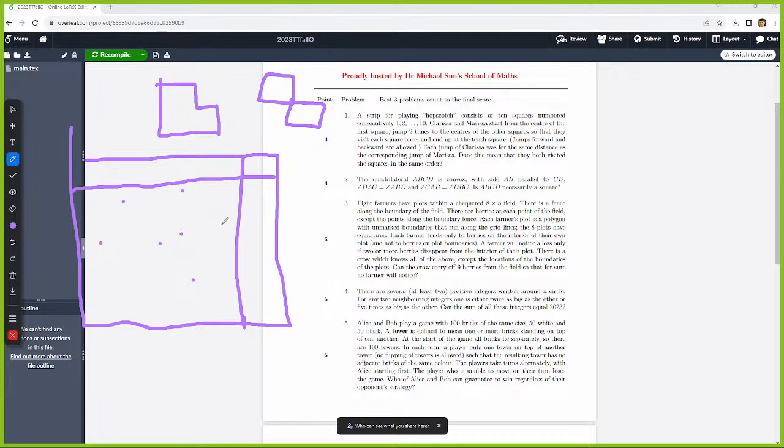One key thing in the problem: let me draw the boundary in red. If this is the boundary of 2 farmers' land, and the berry is on the boundary, then neither farmer will notice. It only notices if the berry's inside its land. The berries on the fence don't count. Would the crow take the berries on the fence?